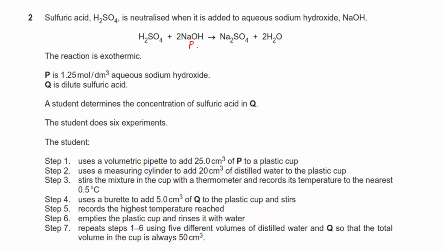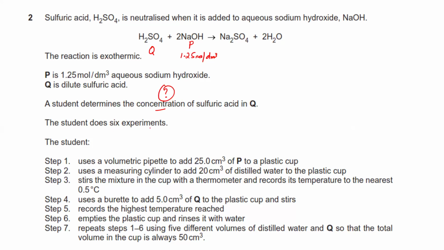So this is your P. This is 1.25 mole per dm cube. Q is dilute sulfuric acid. So this is your Q. A student determines the concentration of sulfuric acid.